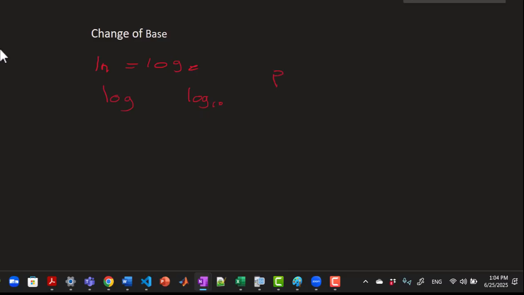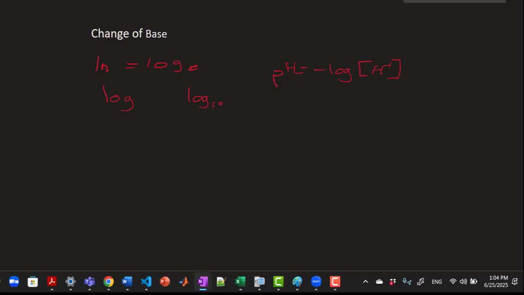You have the pH is minus the log of the hydrogen ion concentration, and when we just see log, that means common log base 10. You'll also see it in the Henderson-Hasselbalch equation in biochemistry.